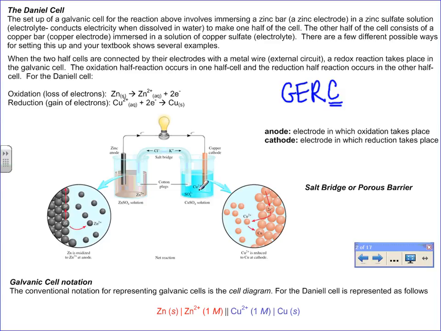Now, another part of the galvanic cell that's really important is this salt bridge here. The salt bridge is necessary in order to allow the reaction to continue, and I'll explain why. If we think about this half cell, what's happening is copper ions are gaining electrons to produce copper.